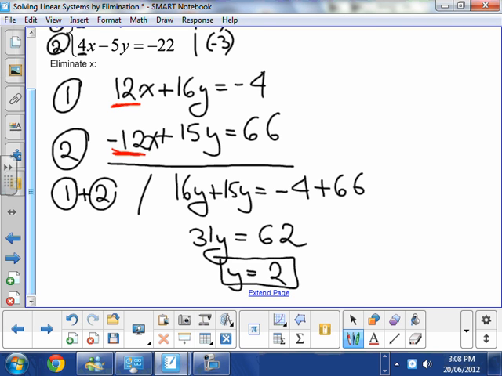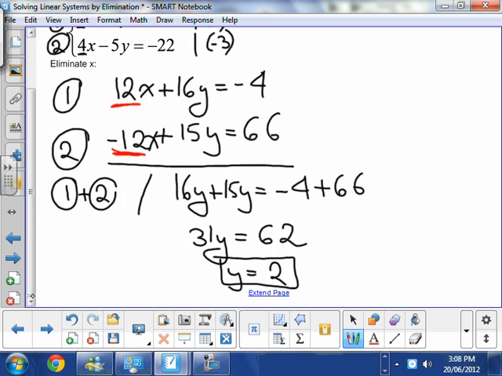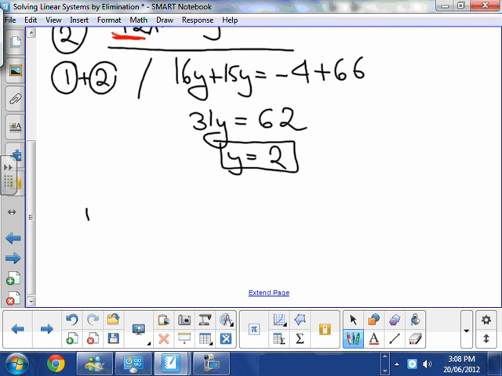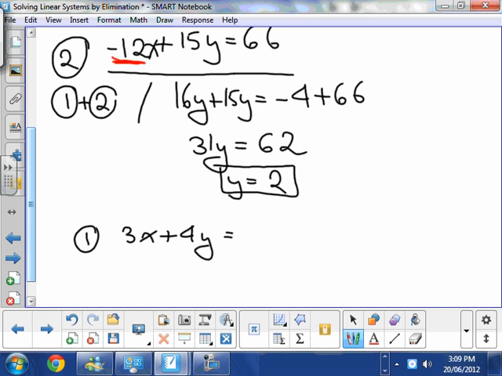Correct. Excellent. And now we need to calculate the x coordinate of the point of intersection. So I'll go to equation number 1. Are you okay with that? Perfectly fine. Okay, 3x plus 4y equals negative 1. So now my y is 2.